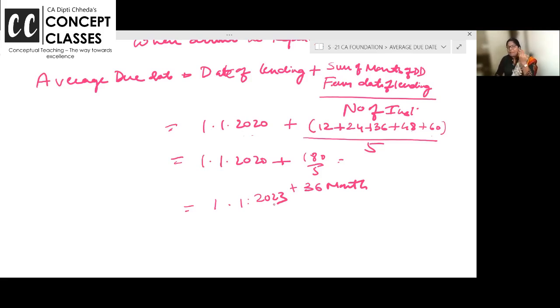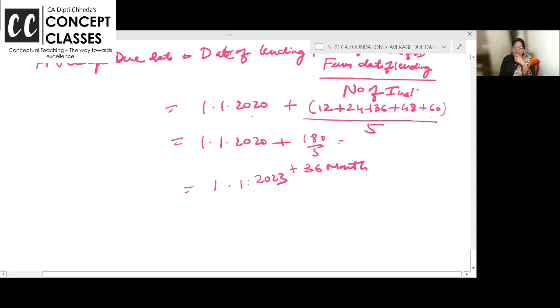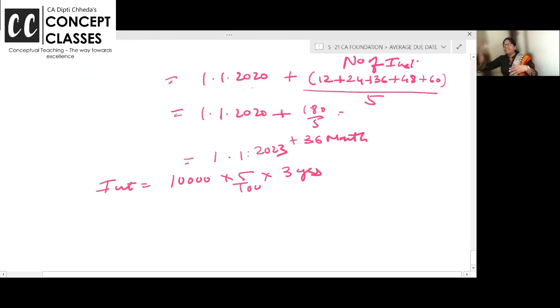So either you repay me in 5 years, or if you want an average due date, pay me on 1st January. But interest will be charged, no? Yes or no? At what rate have they given the interest? 5% per annum. Right? So interest will be on 10,000 rupees, 5% for 3 years. After 36 months you are paying me lump sum. So 10,000 into 5% into 3, rupees 1,500.